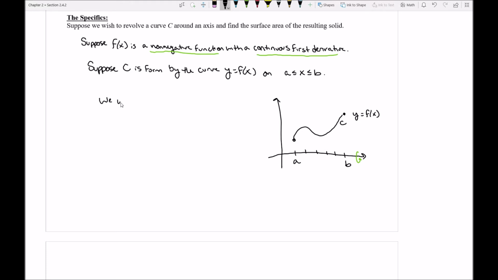So we will divide a to b into n equally spaced subintervals. That's what we're going to be doing. And so you can see over here I've created, it looks like 5 maybe total intervals.